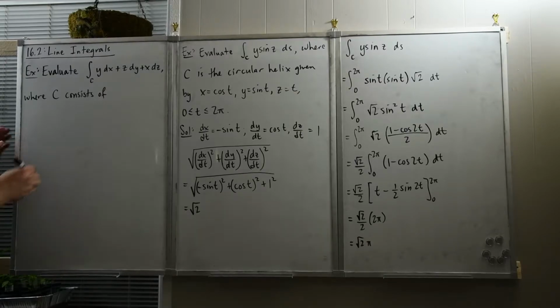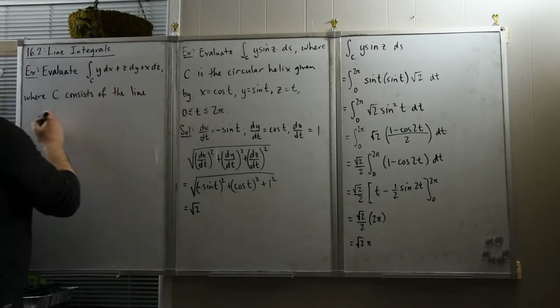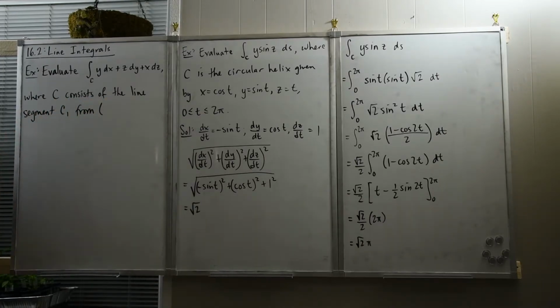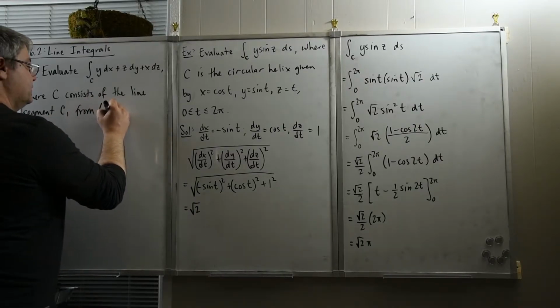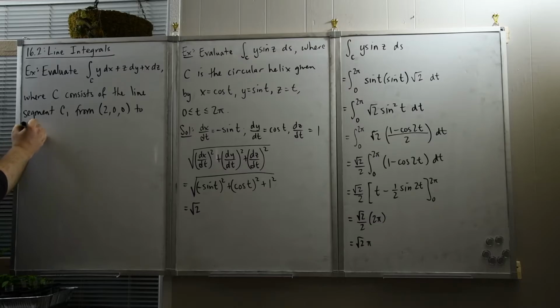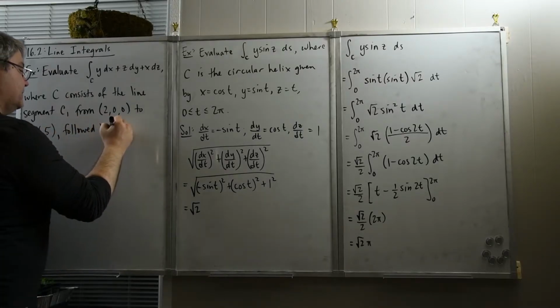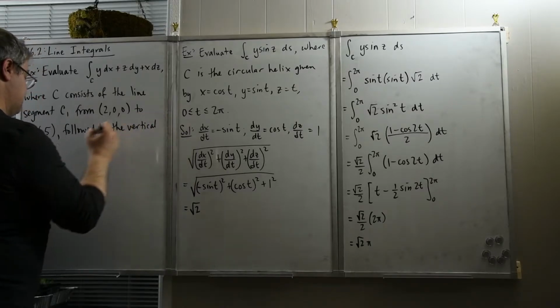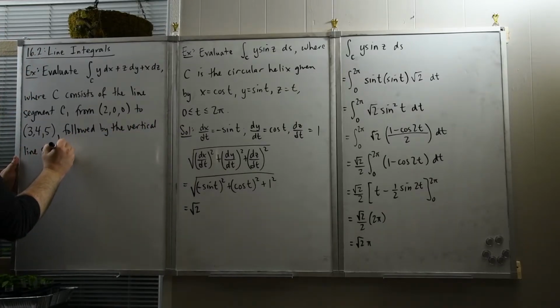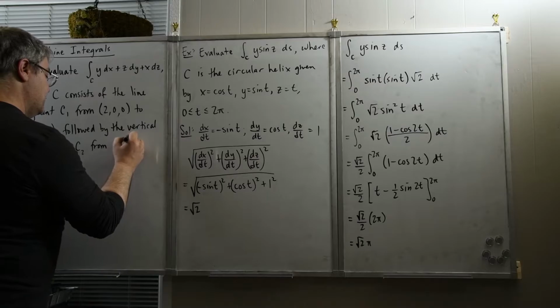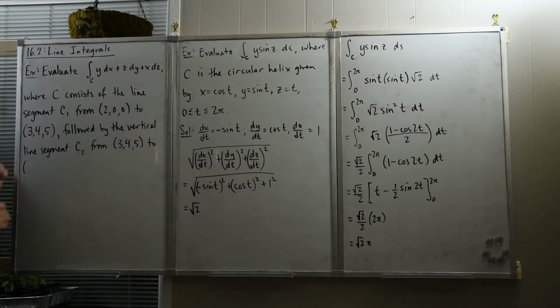Line segment C1 goes from the point 2, 0, 0 to the point 3, 4, 5. This is followed by the vertical line segment C2. C2 is going to go from the point 3, 4, 5 to 3, 4, 0.